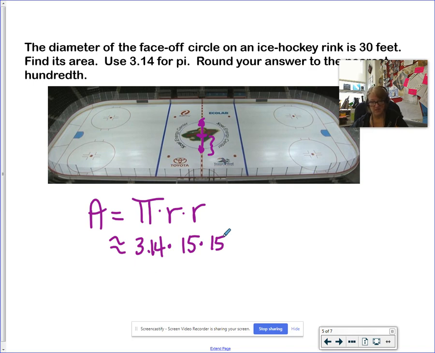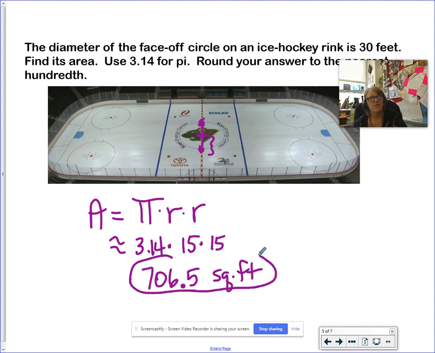That's why these get so big. All right, pi times 15 times 15 again. And we get 706 and 5/10. And we are in feet again. So it is square feet.